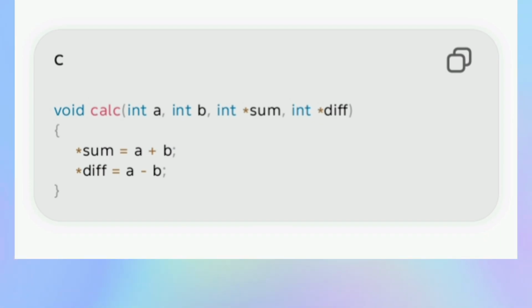Add the two numbers and store in the pointer variable; divide the two numbers and store in the pointer variable.